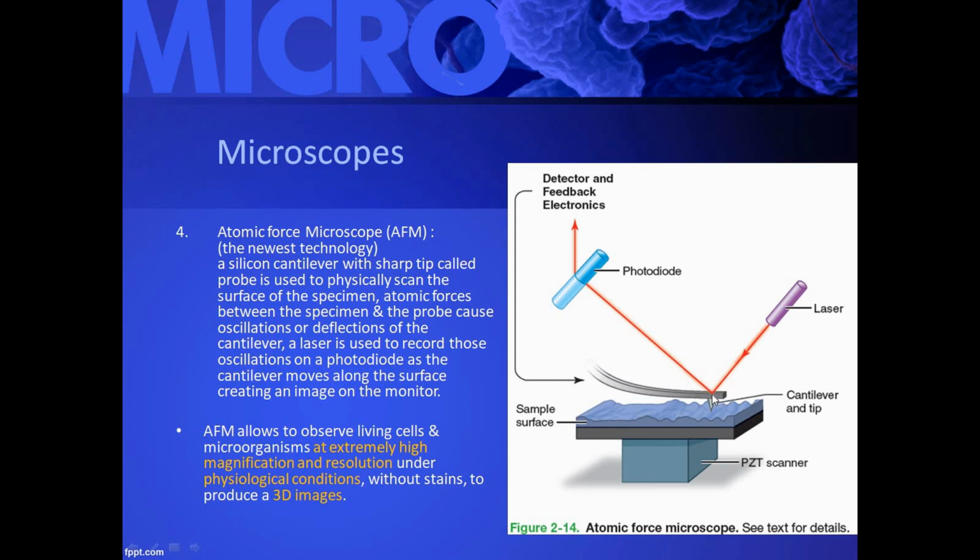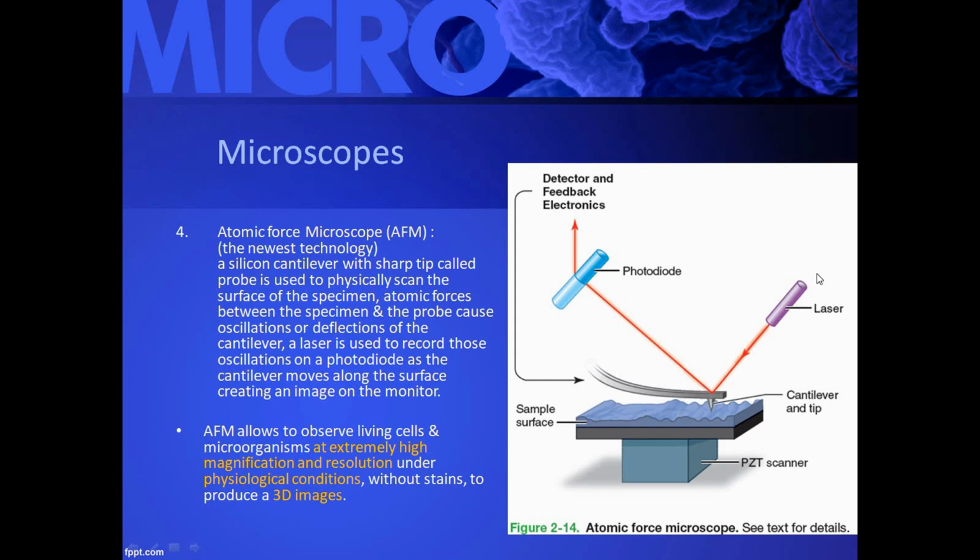How do we do that? While the cantilever and tip pass over the surface of the sample, atomic forces between the specimen and the tip cause the cantilever to deflect and oscillate slightly.